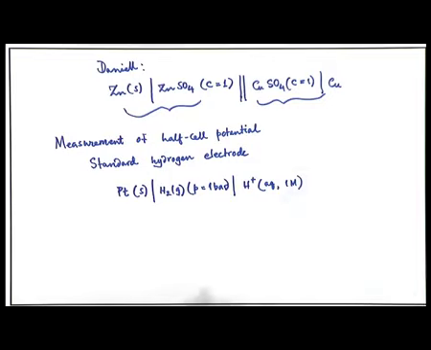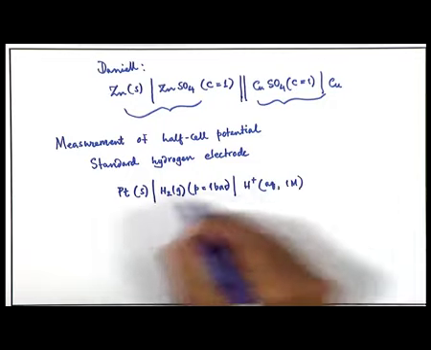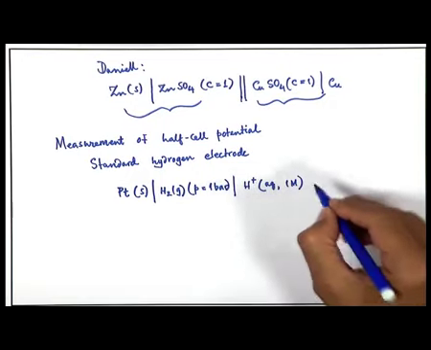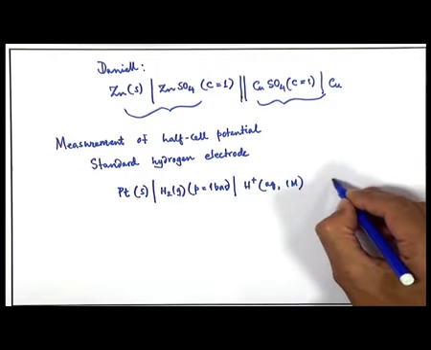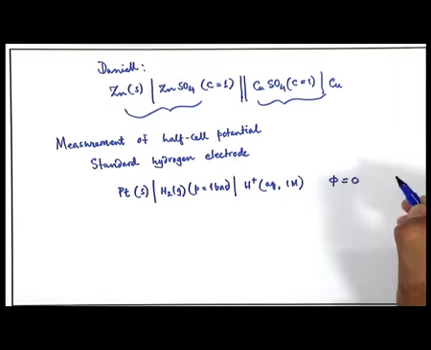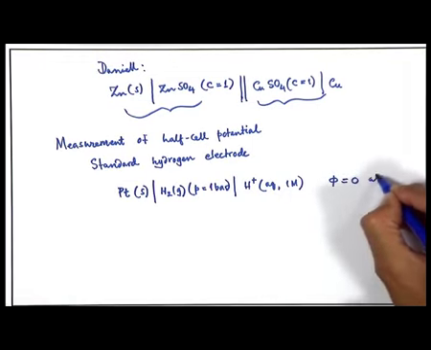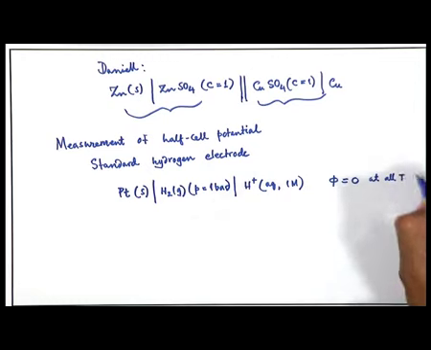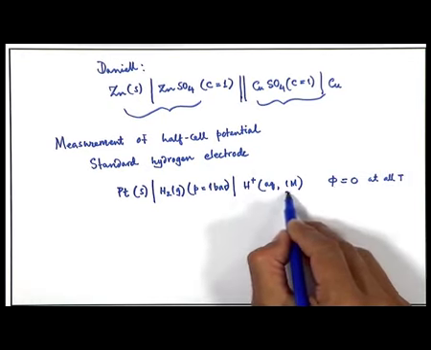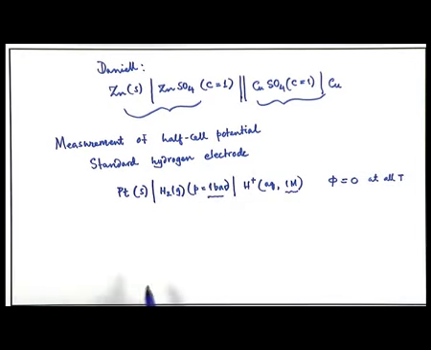And at all the temperatures, when this condition is maintained, this phi is assumed to be equal to 0 at all T, provided this condition and this condition is maintained.